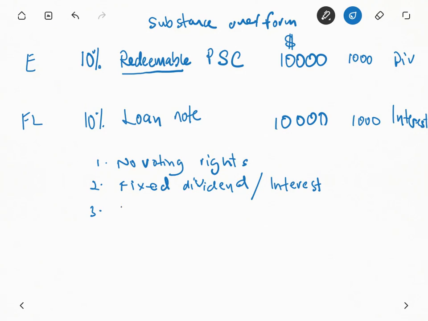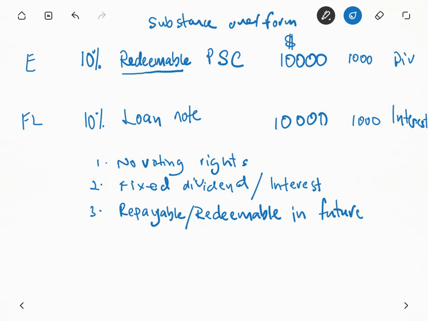Loan will be repayable. And this redeemable preference share is redeemable in the future. The loan I take is for 5 years. This preference share capital I want to redeem in 5 years' time. Repayable in 5 years' time, redeemable in 5 years' time, or 6 years or 10 years.